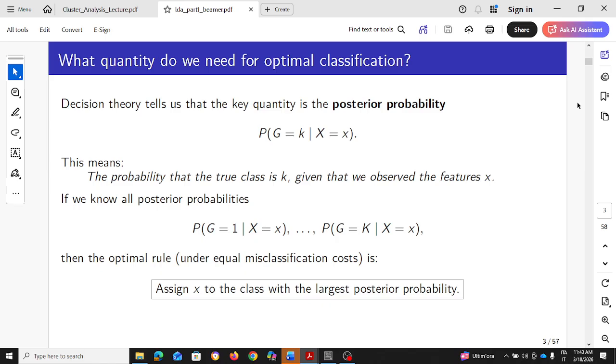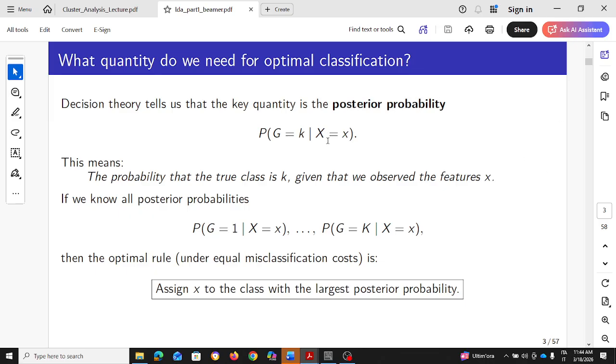If you remember from yesterday, when we were dealing with mixture models, we presented this idea of the posterior probability for classification. We use the same idea here.